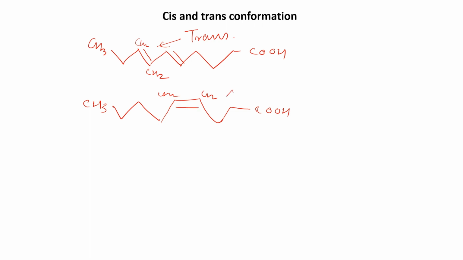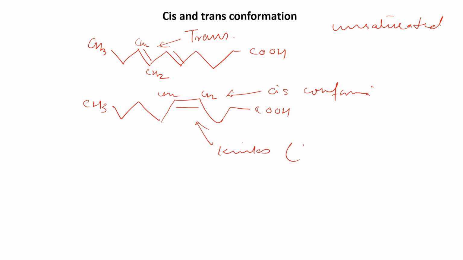So this conformation is called cis conformation. Both conformations are for unsaturated fatty acids. Now because of this cis conformation, they produce kinks in the structure, that is bends. Now if we compare the trans unsaturated fatty acid and the cis unsaturated fatty acid, which one will be better?